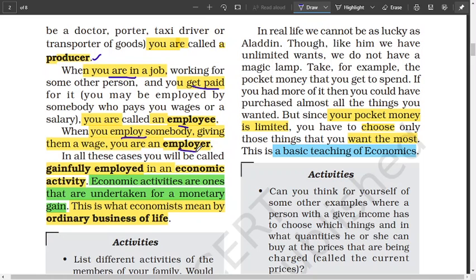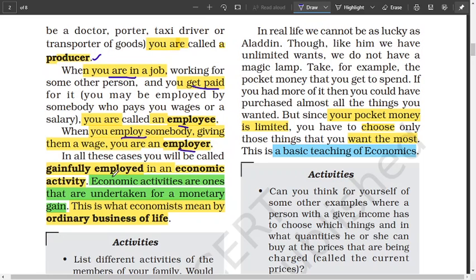If you are the owner of an activity and you give wages, give work to others, you are an employer. Those who work with you are employees. If you, on the other hand, work with others for earning a living, you are an employee. The one who pays you the salary, the wages for the work done by you, is an employer.